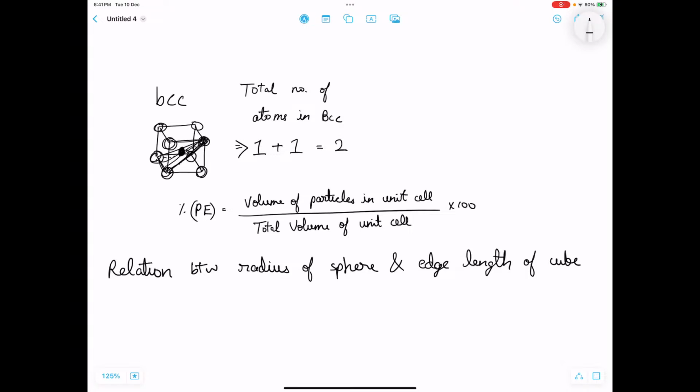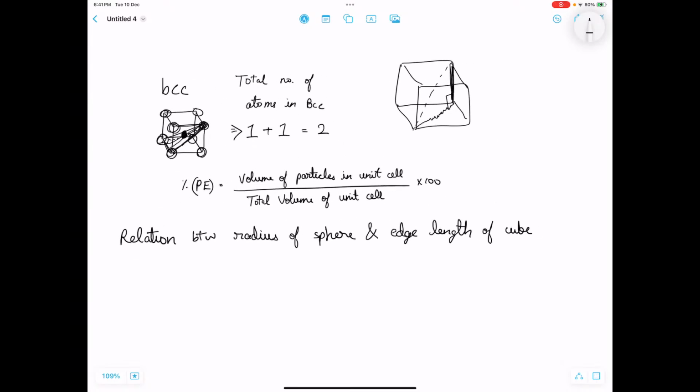According to Pythagoras theorem, let's draw it properly. Suppose this is the cube, and suppose this is body diagonal. This will be considered edge length, and this will be face diagonal, and this forms a right angle triangle.